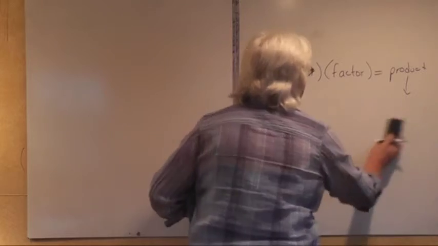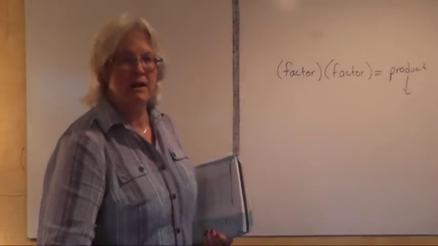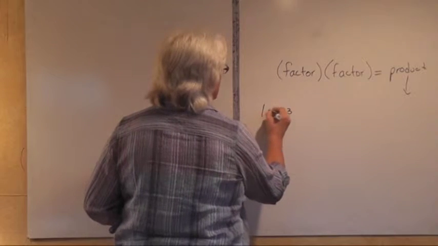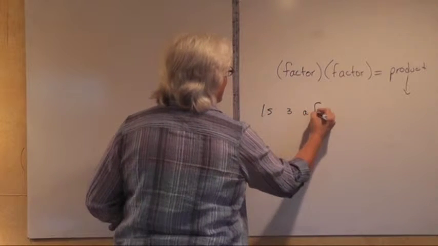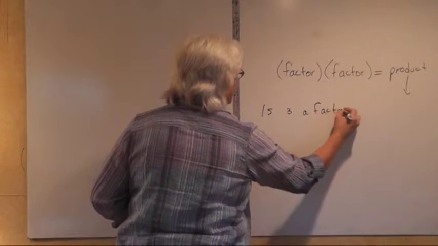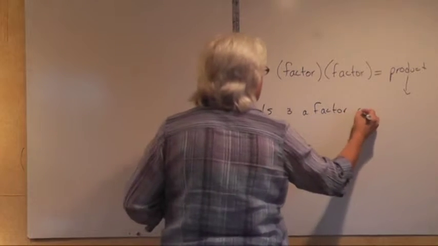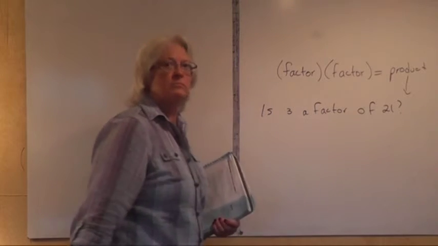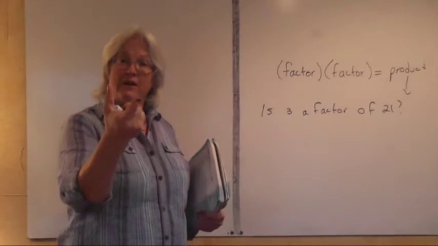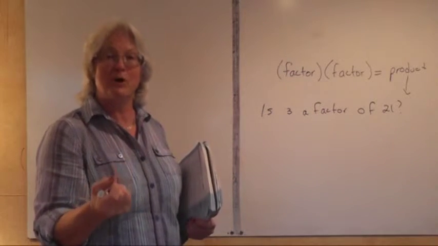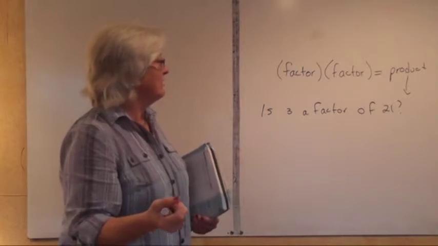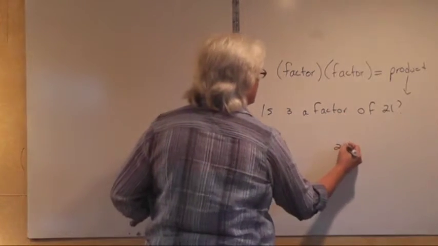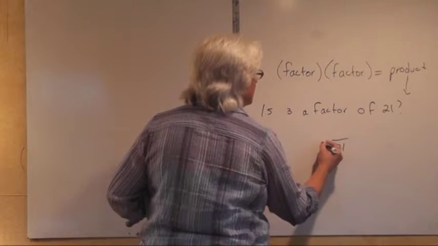Now, if you have a question and it says, is, for example, 3 a factor of 21? What is a factor? Factors are numbers that you multiply together to get the product. So you can divide. You divide 21 by 3.